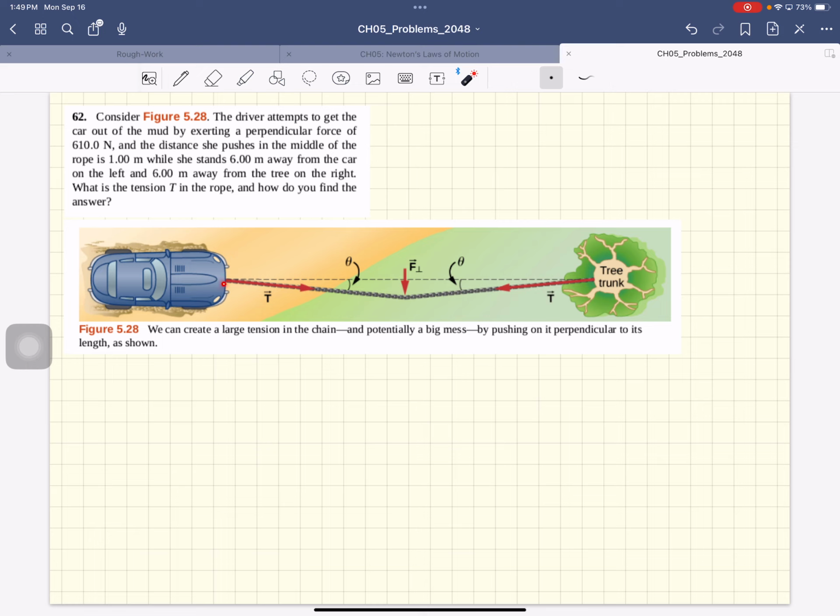Here's a better strategy. You tie the car, and you have to have a cable, let's say a metal cable, tied to another object here. You have to tie it taut and then push in this direction. You push perpendicular to the cable.